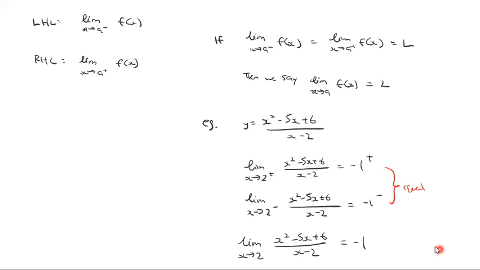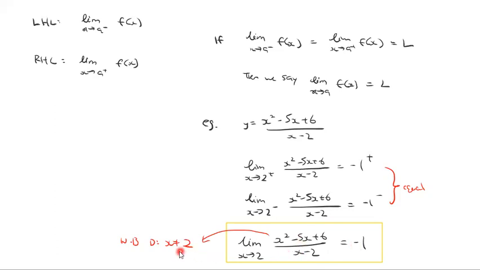We can simply say that now, because we've shown that the limits on both sides are equal and they're both -1. One's positive, one's negative, that's fine. But the fact is that it's the same number. And so we can simply rewrite and say the limit of this function as x approaches 2 is equal to -1, despite the fact that for this function, the domain is x not equal to 2.